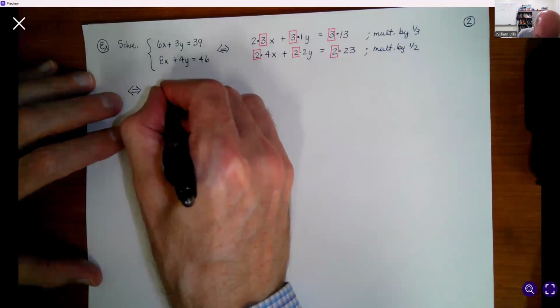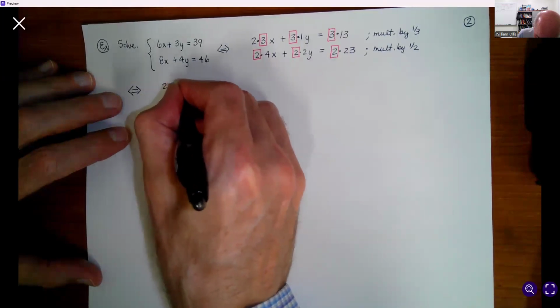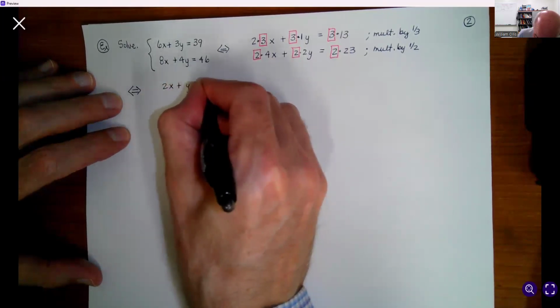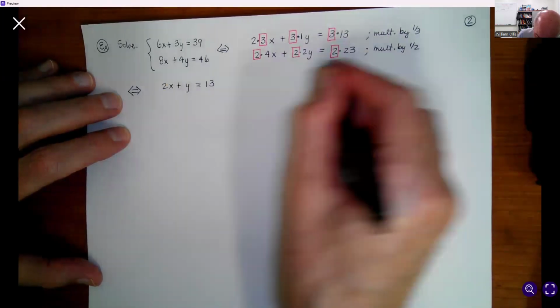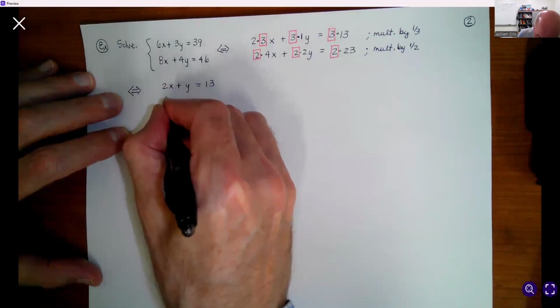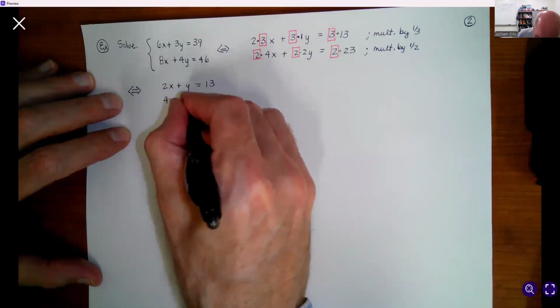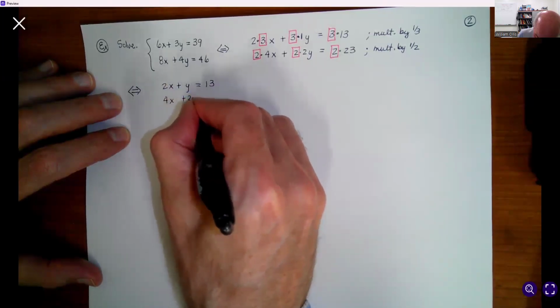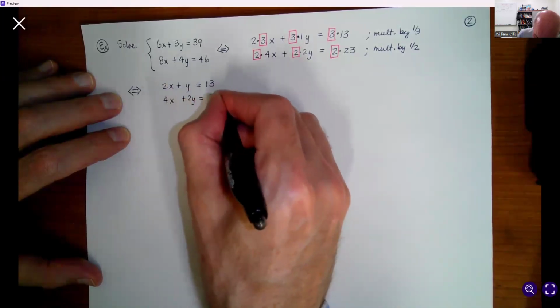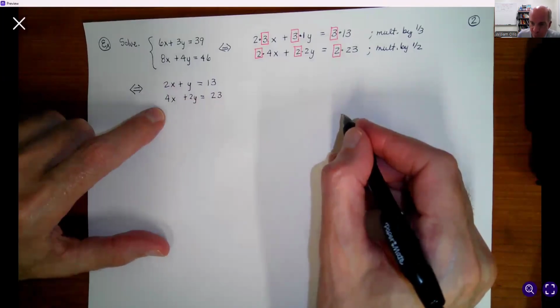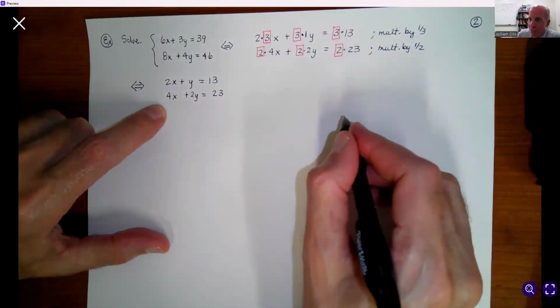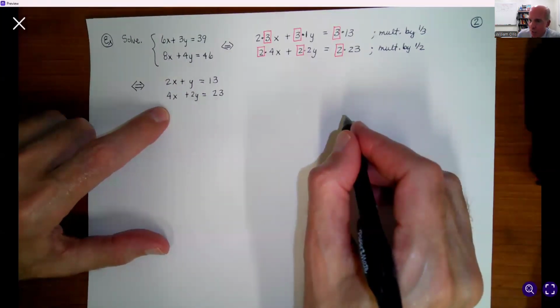So in the first equation, equivalently, again, the 3's go away, so we have 2x plus 1y, or y, equals 13. And then in the second equation, the 2's go away, and we have 4x plus 2y equals 23. Now, what's interesting about this problem is that elimination would be an easy way to solve it.